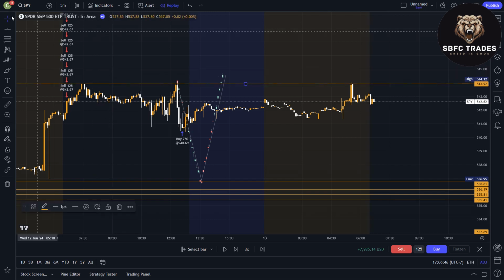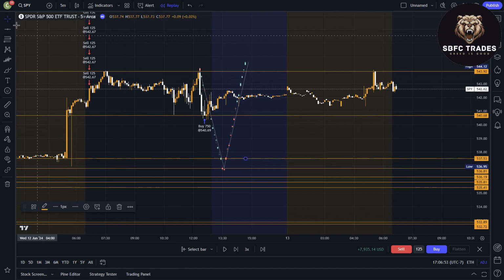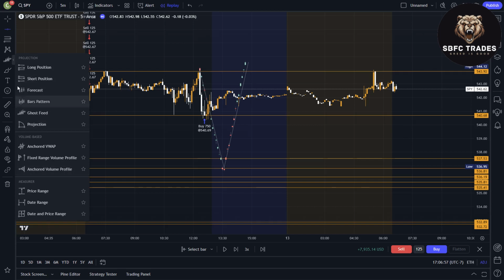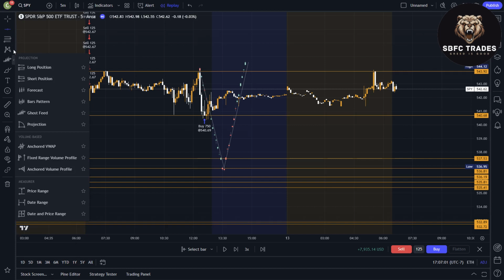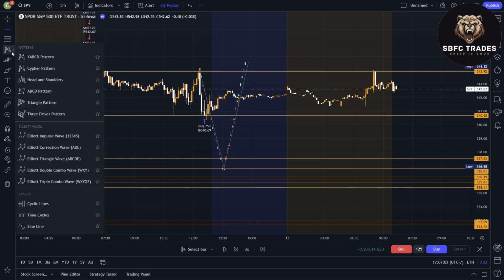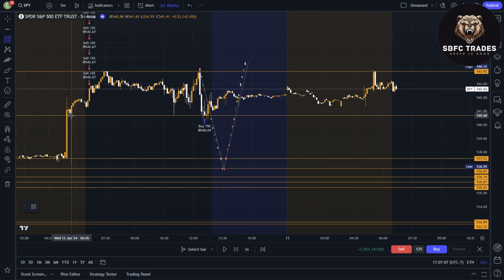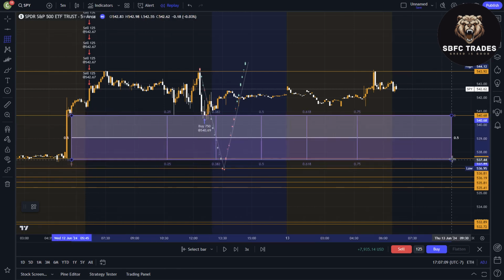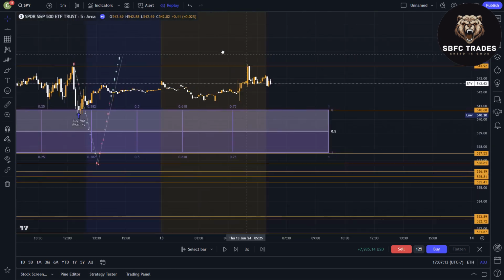Not deviate from what we were doing previously, right? Set a level down here. I think that this zone right here doesn't really. It's a Gann, my Gann fair value gap thing that I created myself.